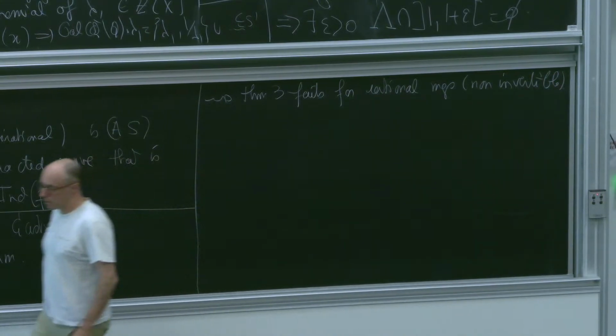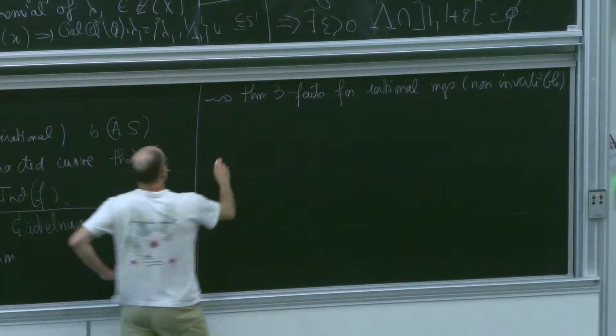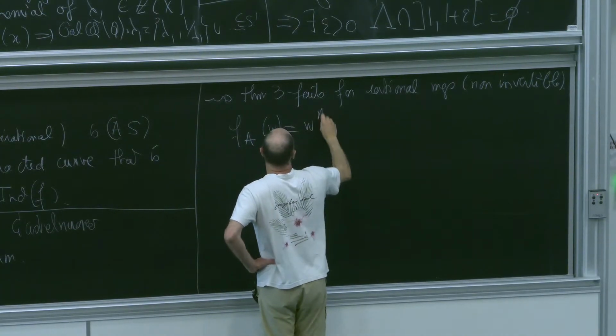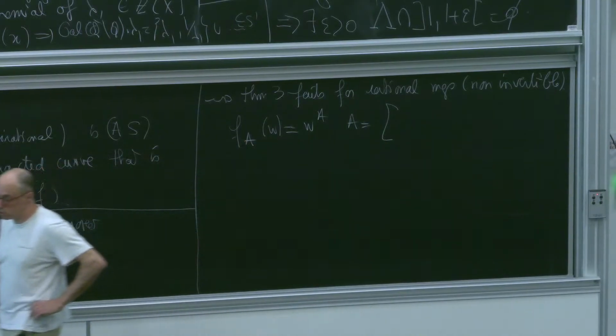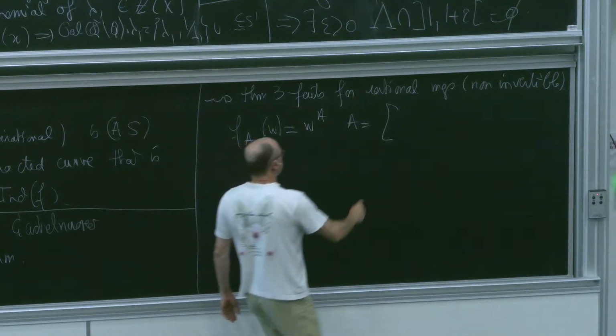And you have an easy example. If you take, for instance, the monomial map with A equal to one of the two matrices that I chose last time, so 1, -2, 2, 1.